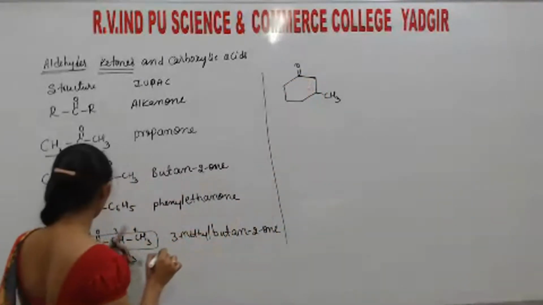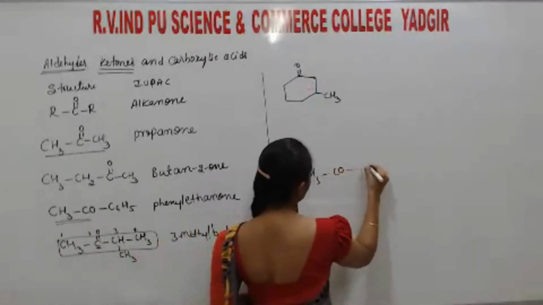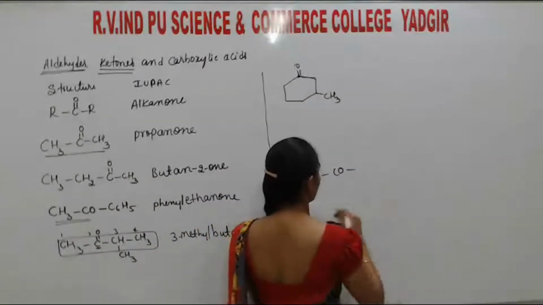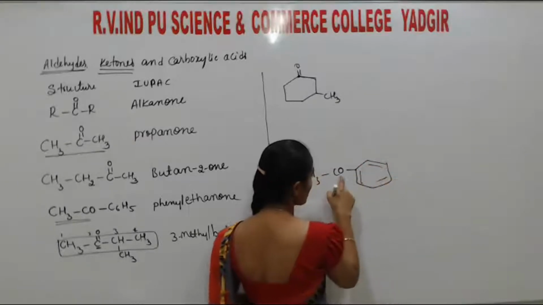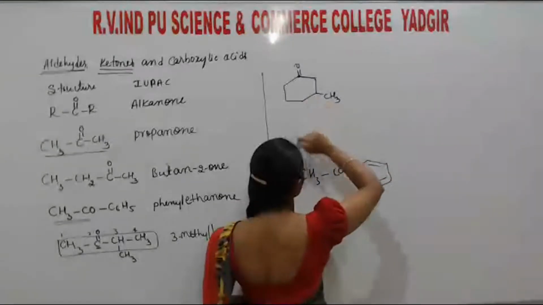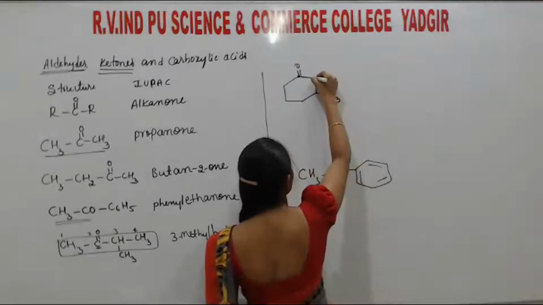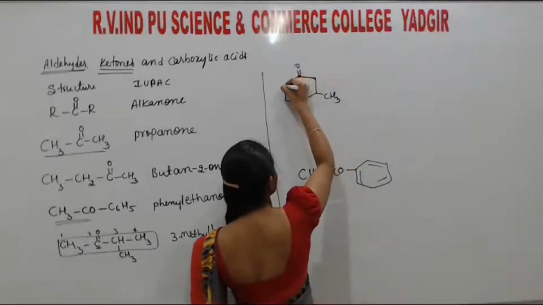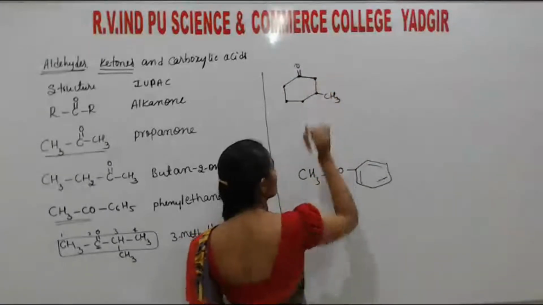In the benzene ring, I told you, in CH3CO C6H5, this is not involved in the parent chain, but here it is involved in the parent chain. So listen, this is the carbon of the parent chain, that is cyclohexane.